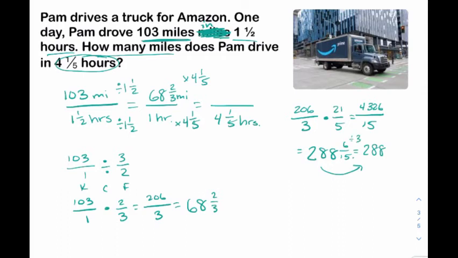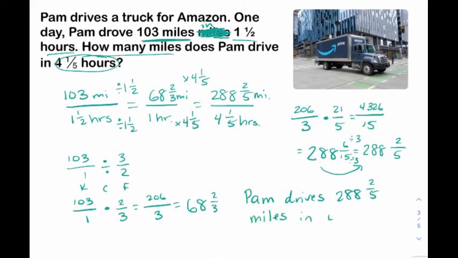That is their greatest common factor. 6 divided by 3 is 2, and 15 divided by 3 is 5. So let me fill in the rest of my rate. And let's write our sentence. Pam drives 288 and 2/5 miles in 4 and 1/5 hours.